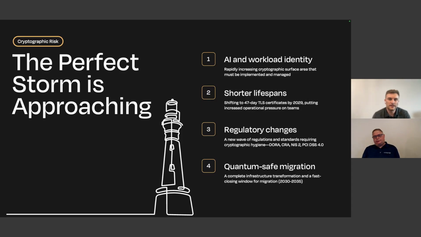In Europe, you've got the latest update to PCI DSS 4.0 that now specifically calls out the need for an up-to-date inventory of keys and certificates, and also active documentation of cipher suites and protocols at least every 12 months. And then, of course, the last one there is, we've been talking about it, the big one, quantum, that's fast approaching. All of this is accelerating the need for visibility, accountability, and, of course, action.